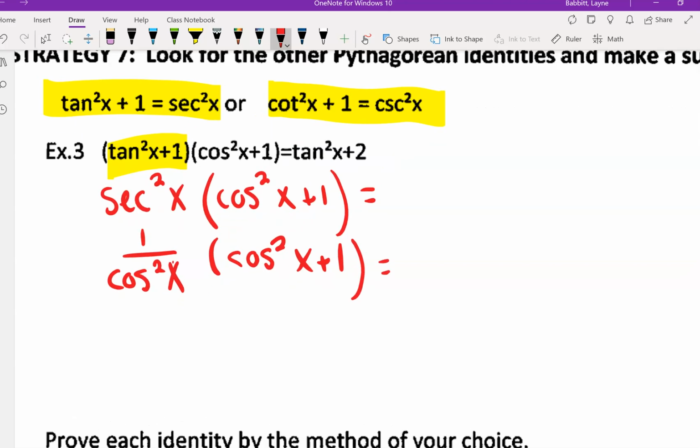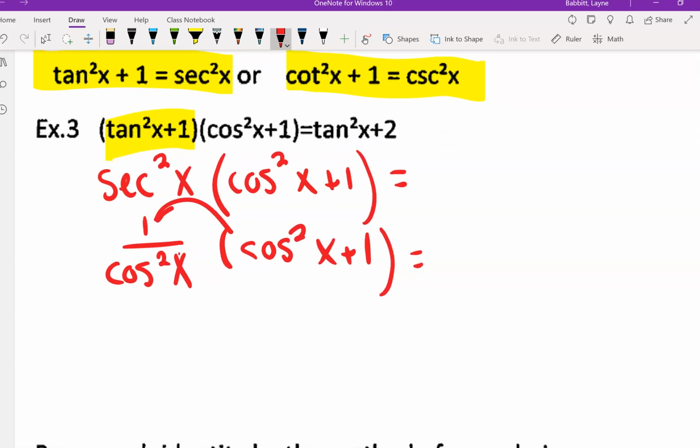And I'm just going to simplify this by multiplying this into the parentheses. So when I multiply the fraction 1 over cosine squared x times cosine squared x, that's cosine squared x over cosine squared x, which just cancels to 1.